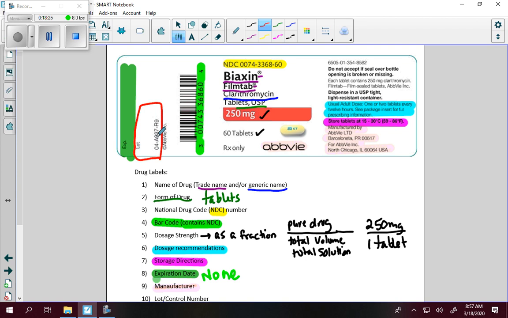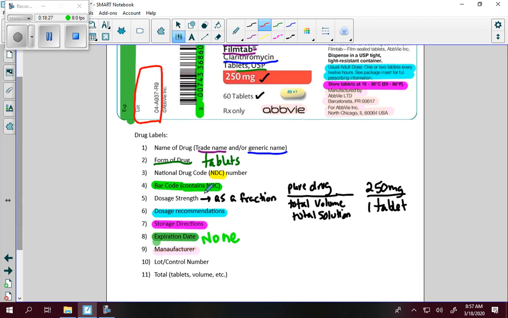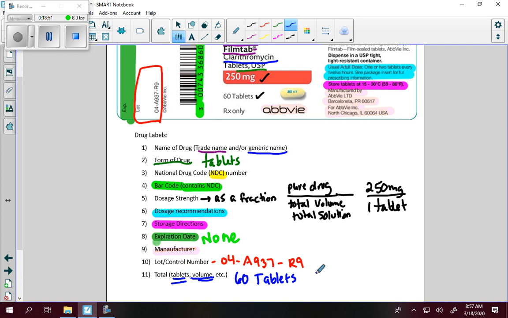It looks like it's not there, but it is. The lot was 04-A937-R9. And then the total volume, make sure you don't just say 60. You want to say 60 tablets. Make sure labels are needed. Oops, it's not needed.